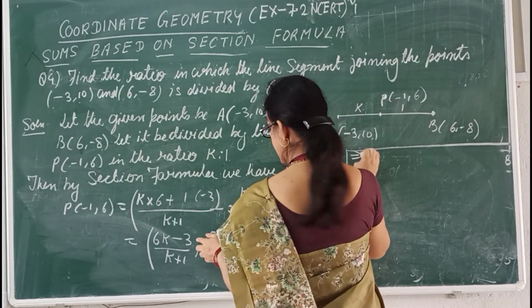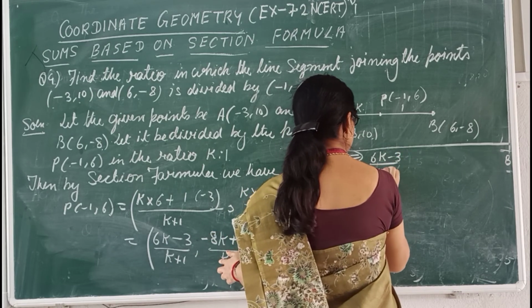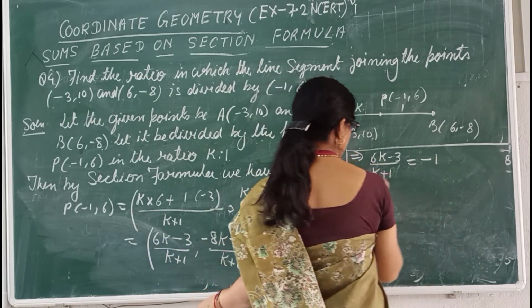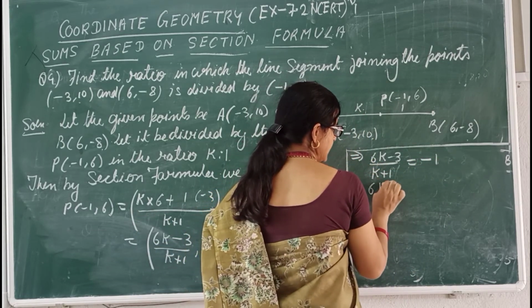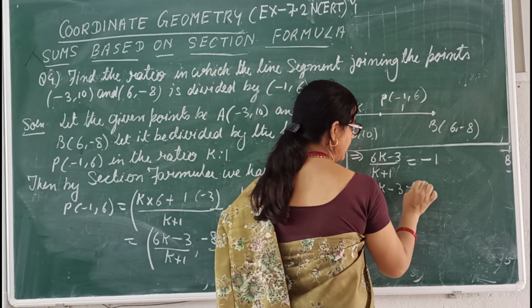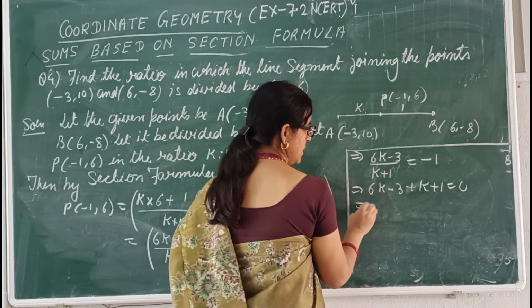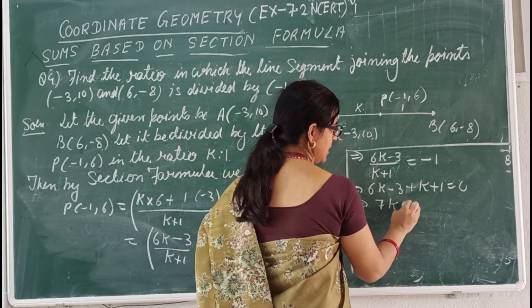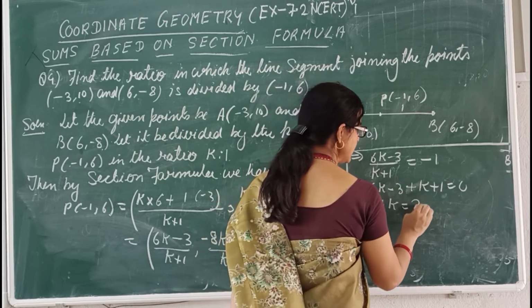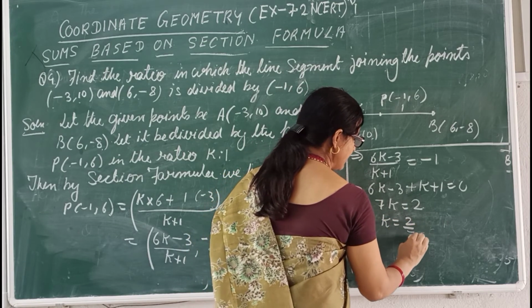So (6k - 3)/(k + 1) equals how much, children? Minus 1. This implies 6k - 3 + (k + 1) = 0. This implies 7k = 3 - 1 = 2. So k equals 2 by 7.